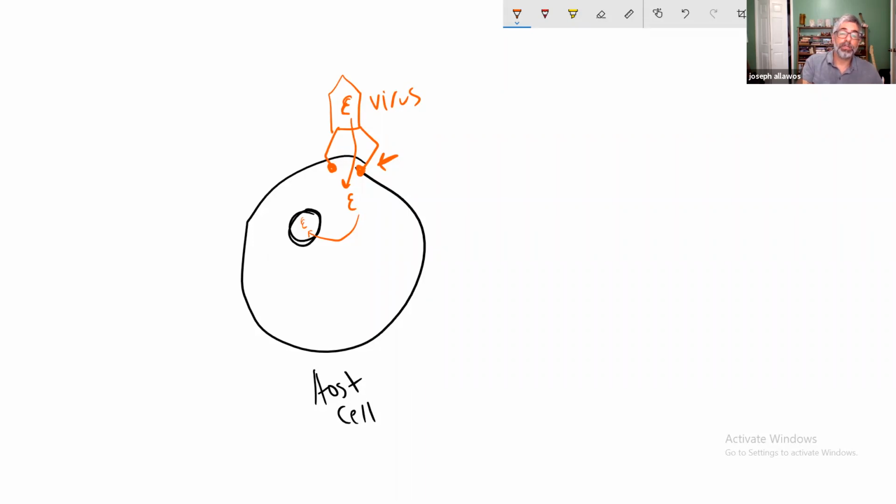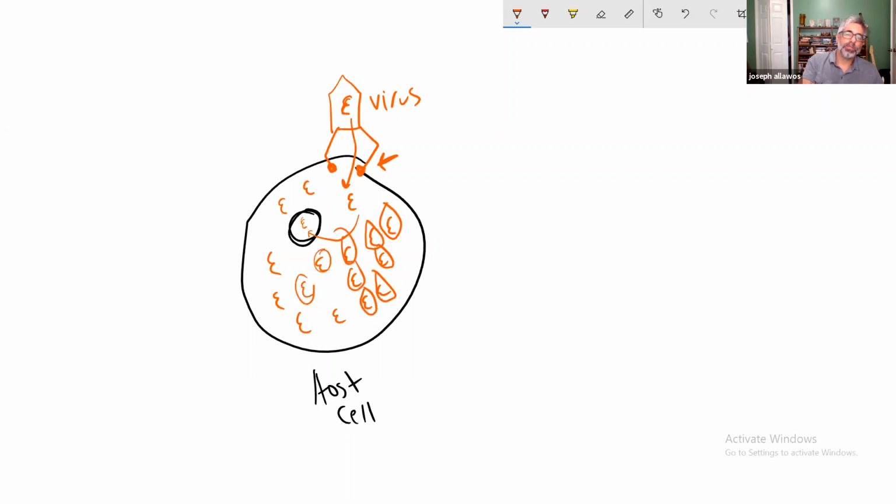And what it does literally is it forces the host to make many, many copies of the viral genome. And so pretty soon, this host cell is full of viral genetic material. Okay. If that's not enough of an insult, at that point, it signals to the ribosomes to start assembling the protein coats, to make the proteins to assemble around each little piece of nucleic acid like this.